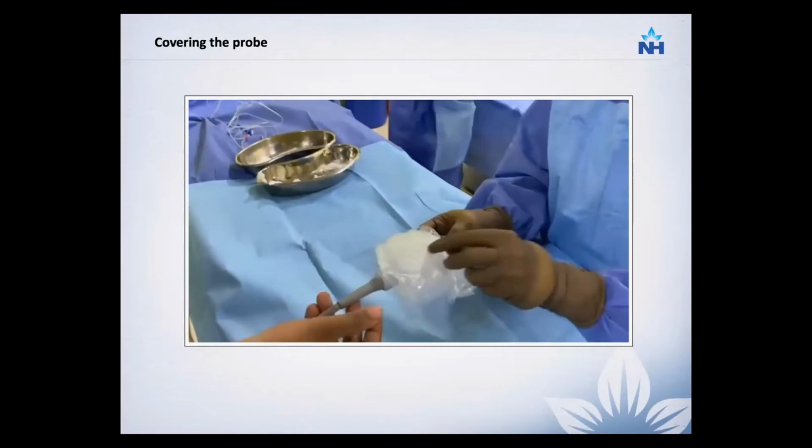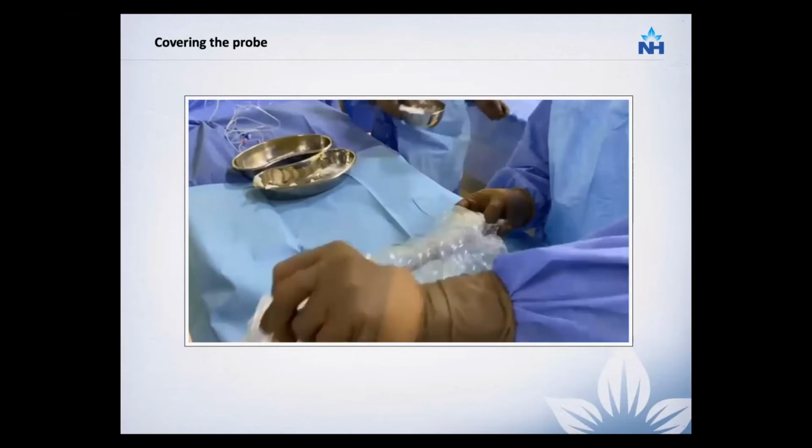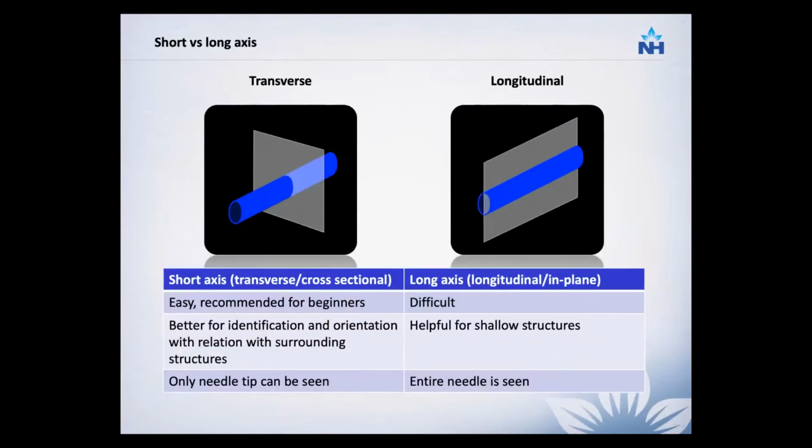Now, before we start imaging, I would like to tell you more about the various axes. I use the transverse axis in my femoral cannulations. This is because it's easy, and it's recommended for beginners. In this way, we can identify the surrounding structures quite better, so we do not puncture the artery when we actually intend to puncture the vein.